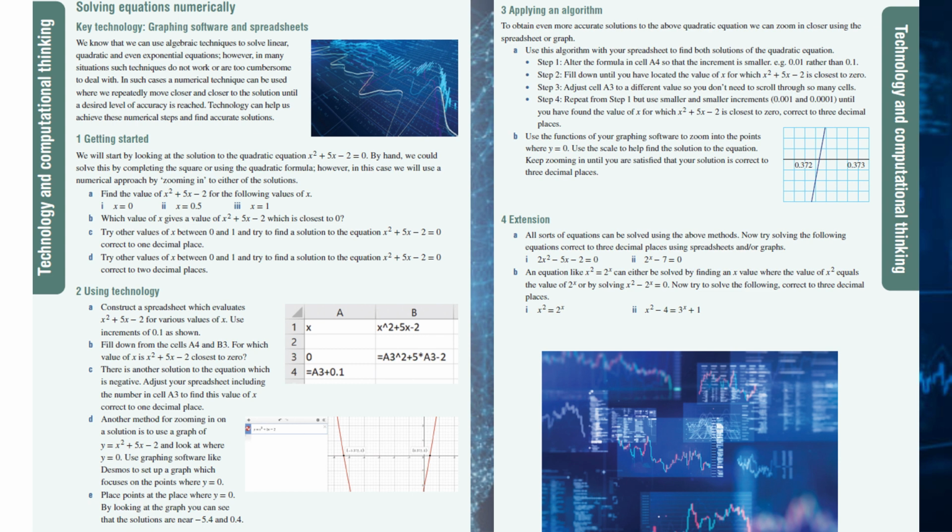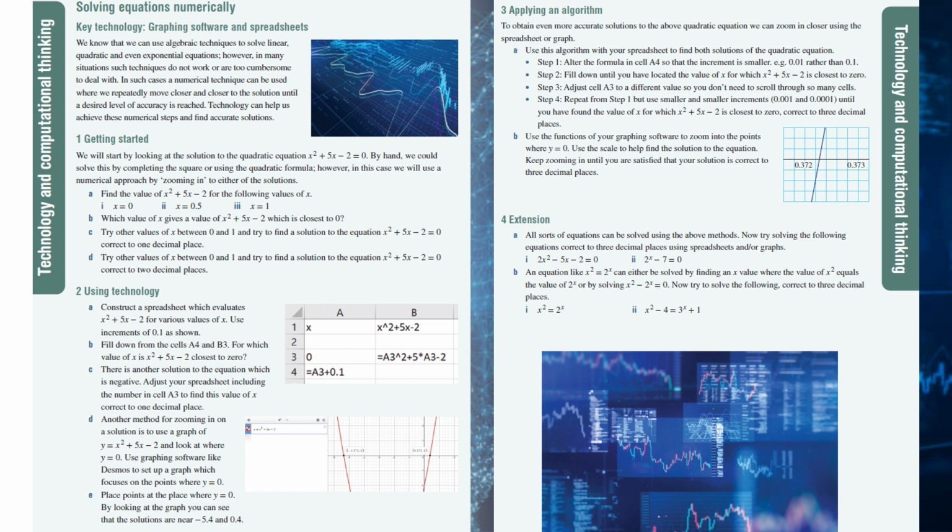In Year 10, here's an example where students have to solve equations numerically using a spreadsheet. They set that spreadsheet up using smaller and smaller increments to zoom or home in on a solution numerically.